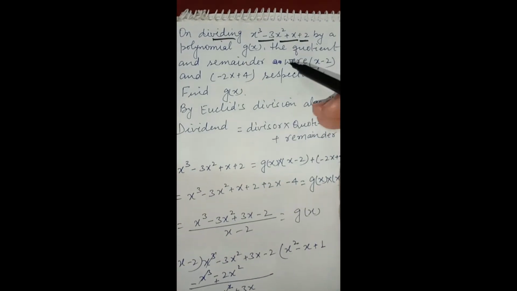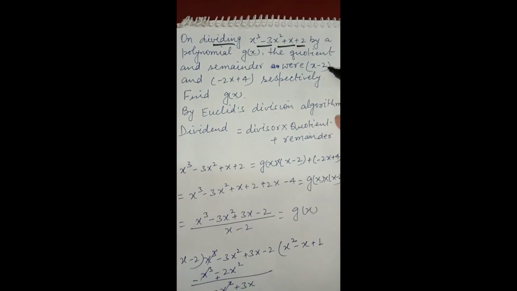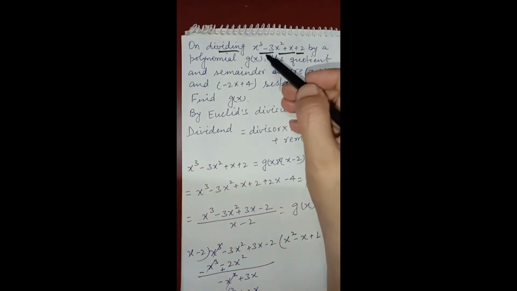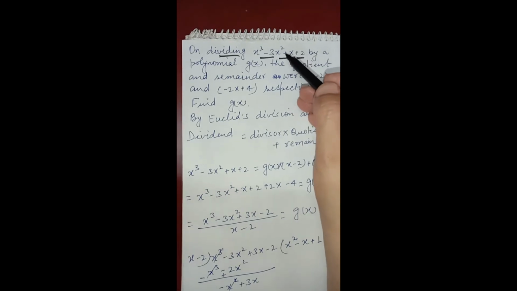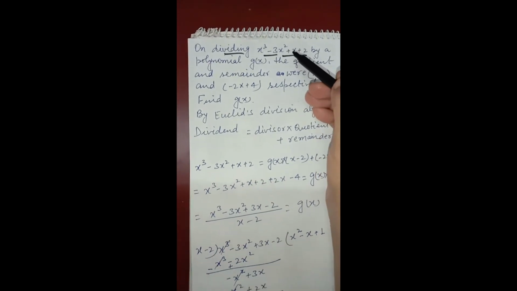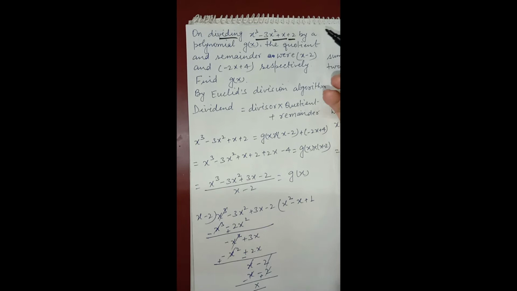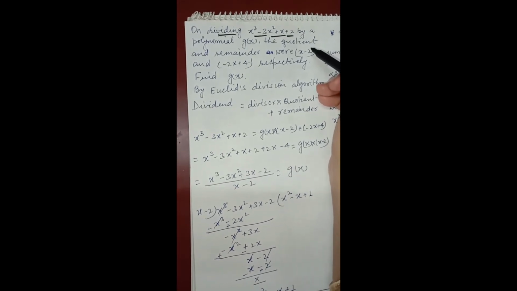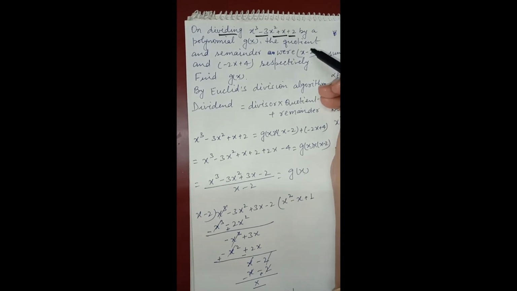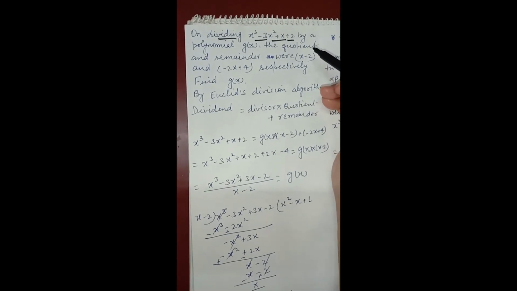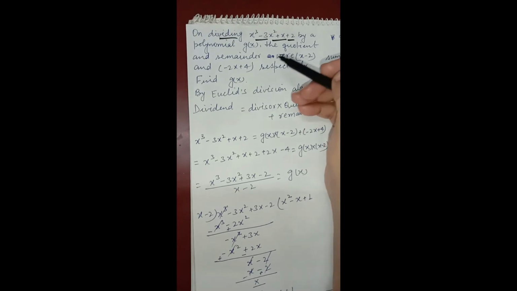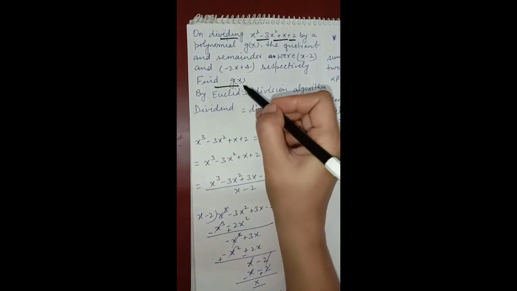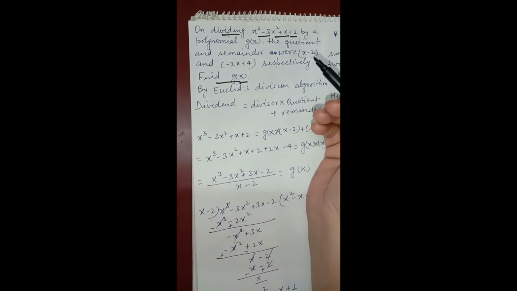The quotient and the remainder were x minus 2 and minus 2x plus 4. When we divided this polynomial by the polynomial g(x), we got the quotient as x minus 2 and the remainder as minus 2x plus 4. So here we have to find the polynomial g(x).